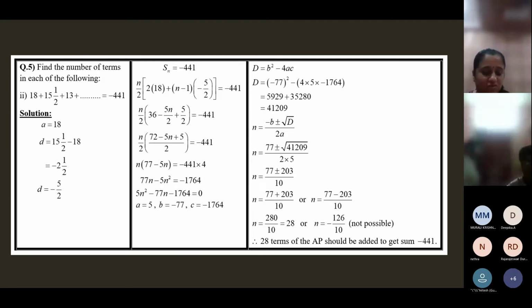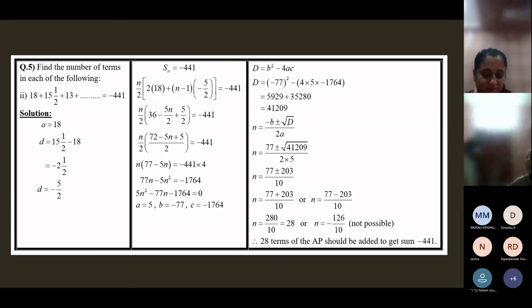Just check the sign alone, Sneha. When you cross multiply, somewhere you've gone wrong. When you cross multiply, you get minus 1764, correct? Yeah, ma'am, I got it. Yeah, okay. So Sneha is right.